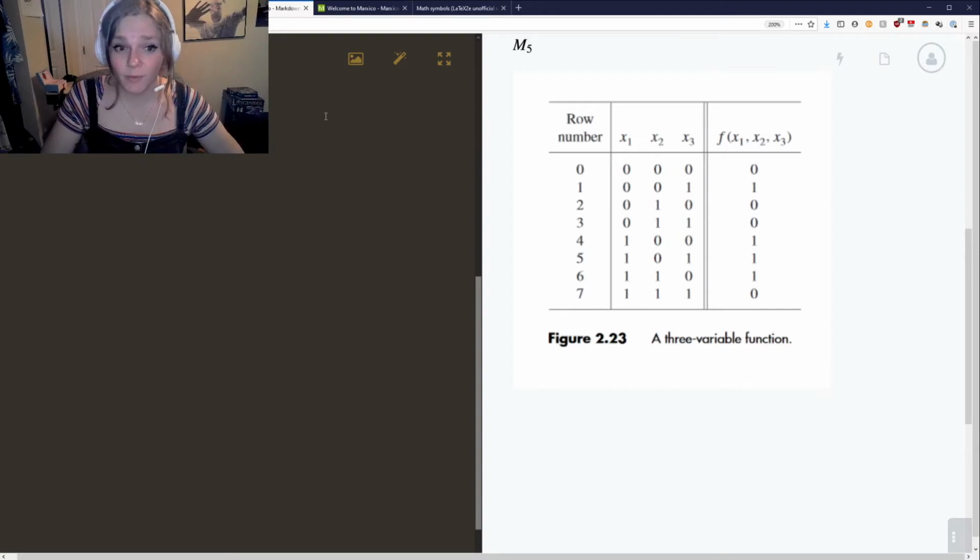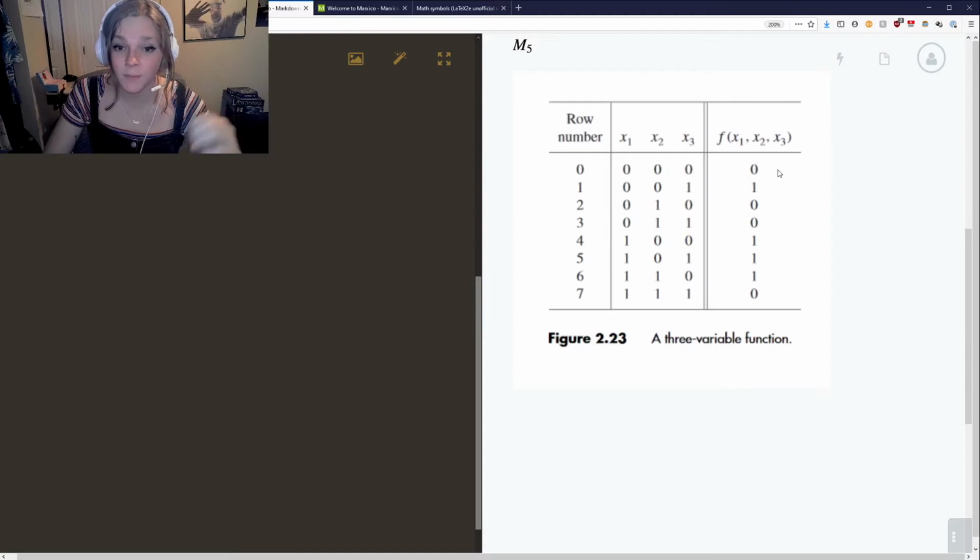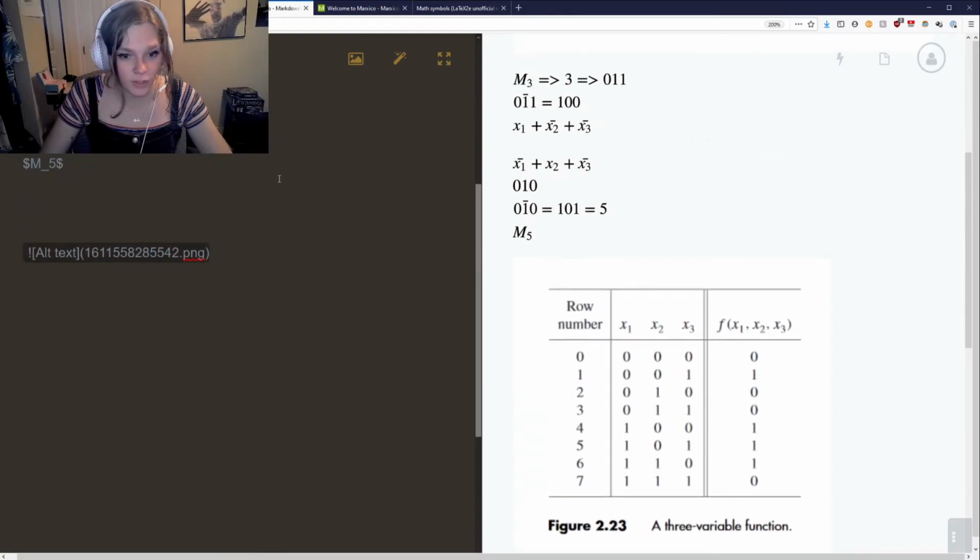So if we were asked to get this in product of sums form, that means we are going to need to deal with max terms. So max terms will always give us the product of sums form. So the product of sums form will come from the multiplication of the max terms wherever our function is 0. Right? That's important to remember. The max terms are multiplied wherever our function is 0.